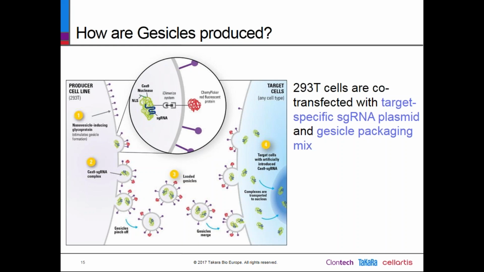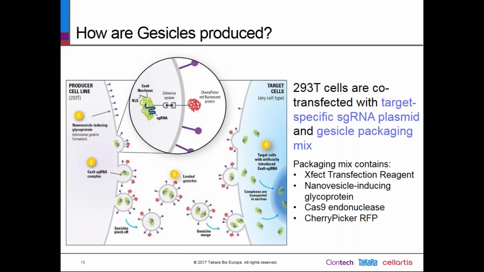So jasicle production is a bit similar to lentiviral production, and you will use a 293T derived producer cell line that you will just co-transfect with a plasmid encoding your guide RNA sequence, and with a so-called jasicle packaging mix, which is provided in the kit, and that contains a lyophilized transfection reagent, and then lyophilized vectors encoding the nanovesicle-inducing glycoprotein, vector encoding Cas9 endonuclease, and the vector encoding a membrane-bound red fluorescent protein called cherry picker.